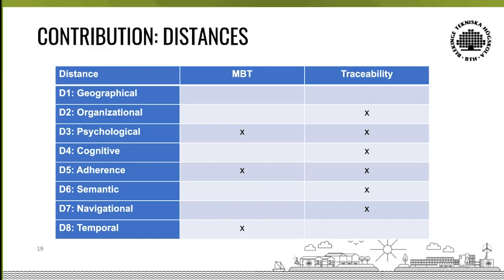As for temporal distance, the requirements are usually created early in the project, and the testing or the verification is done way after. Even if we're doing agile methodology, there's also a distance between actually specifying the requirement at the beginning and, at the end, actually doing the verification or the acceptance of these requirements.